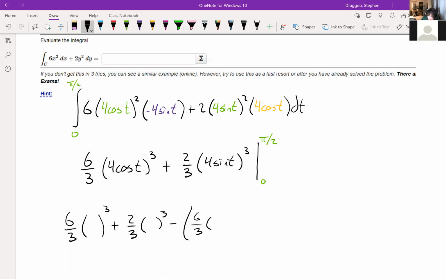Cosine of pi over 2 is 0. Sine of pi over 2 is 1. So there we go, 1 times 4. Then plugging in the 0 part, now this is 4 cubed plus 2/3 times sine, which is 0, cubed.